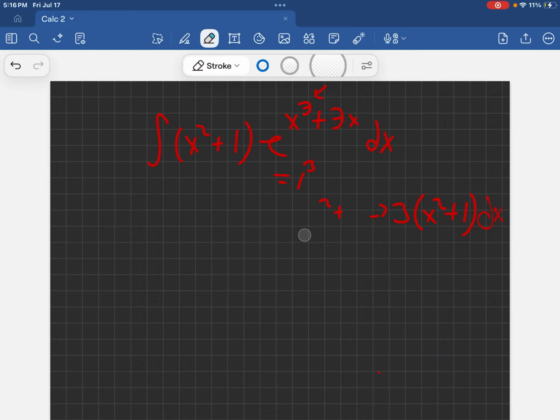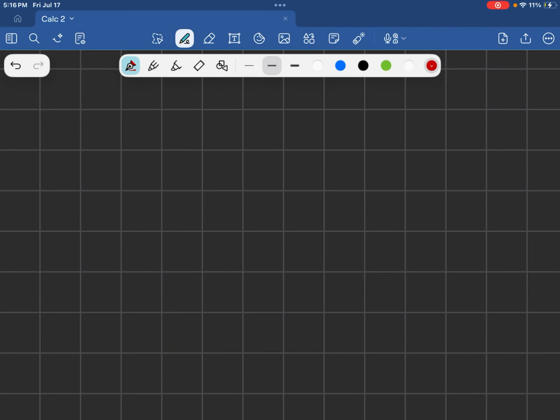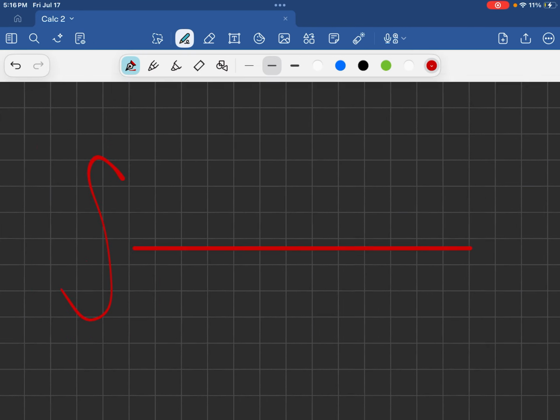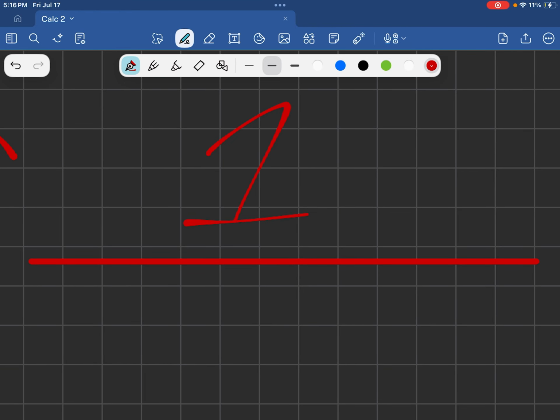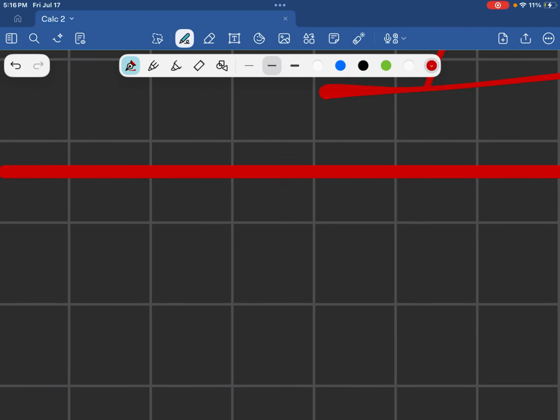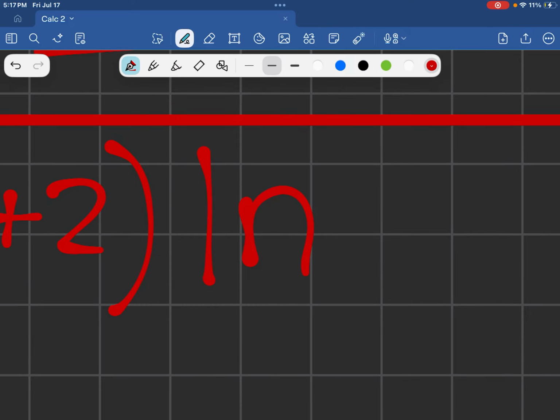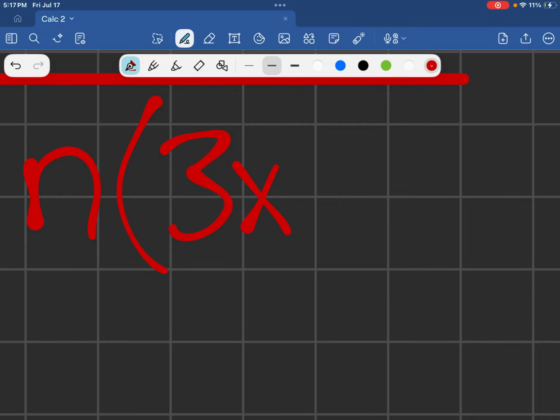Alright, let's try something with some logarithms in it. So let's take the integral of, let's say we have 1 in the numerator, and then 3x plus 2, and then ln of 3x plus 2.